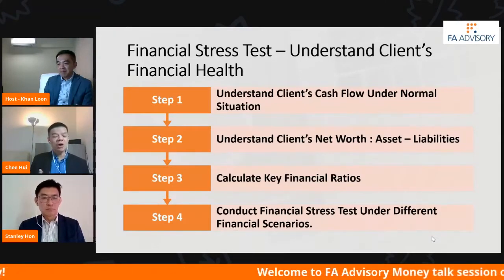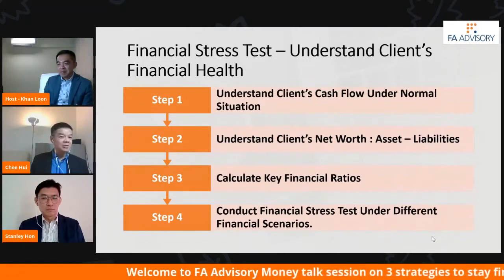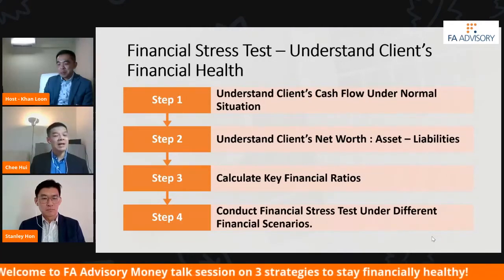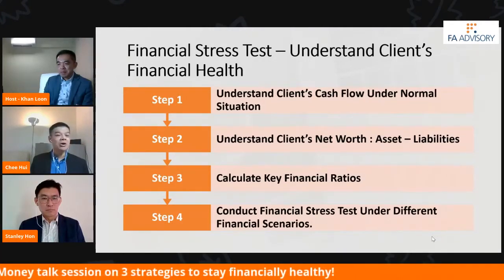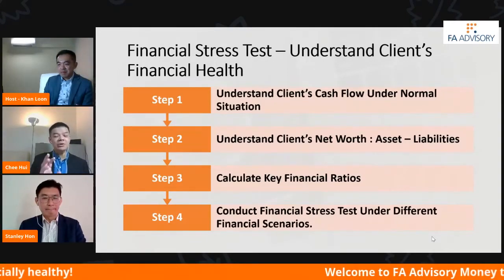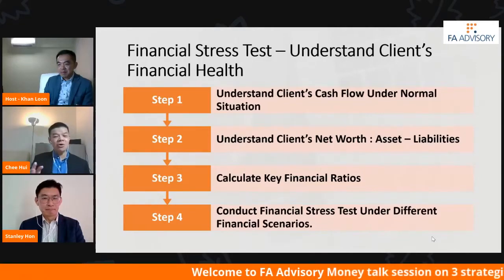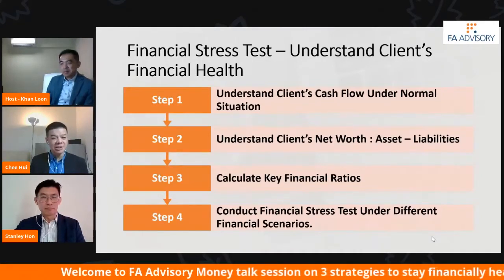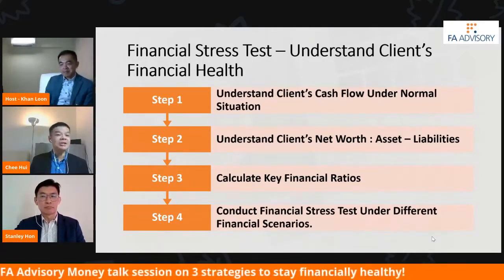Most of us will borrow to buy a house, right? Most of us will borrow to buy a car. This will come into your liabilities, what you owe, how much you owe your banks. So after minusing off all your liabilities, we look at how much you actually own. That's your net worth.